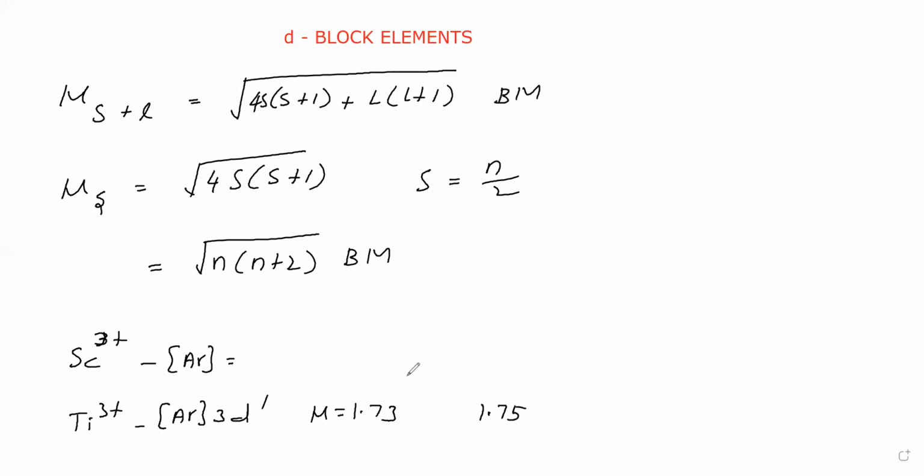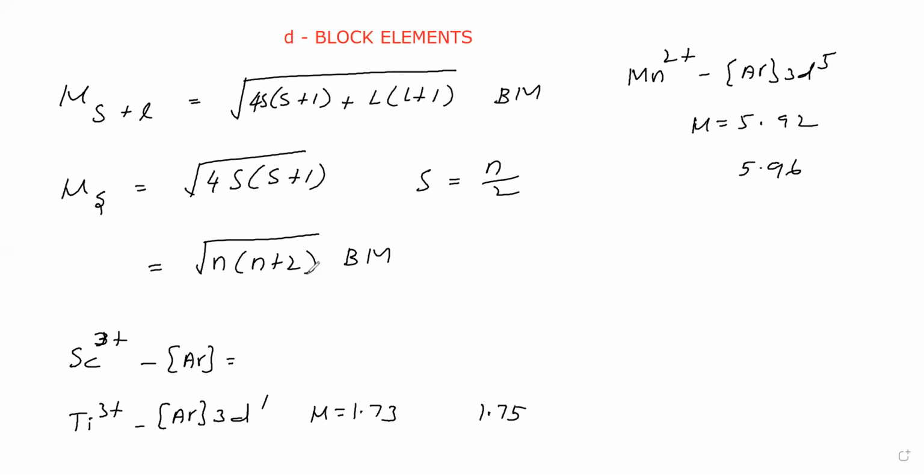Next we take manganese plus 2, whose configuration is argon 3d5. 3d5 means 5 unpaired electrons are there. Therefore, 5 unpaired electrons means magnetic moment is 5 point something. The calculated value is 5.92. The experimental value is 5.96. The experimental value coincides with the calculated value.